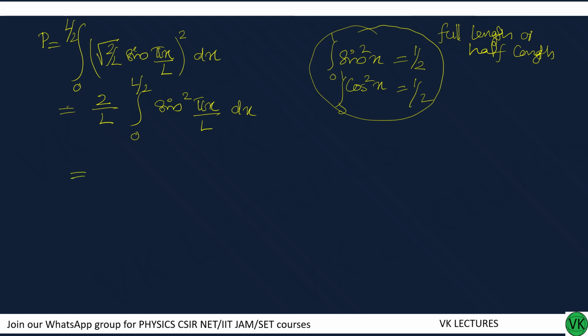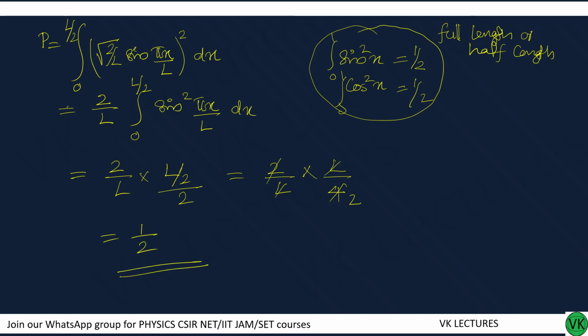It is equal to 2 by L into, for the limits 0 to L by 2, half of it, L by 2 by 2, which is equal to 2 by L into L by 4. L gets cancelled, 2 and 4 get cancelled. So what will be the result? Equal to 1 by 2.